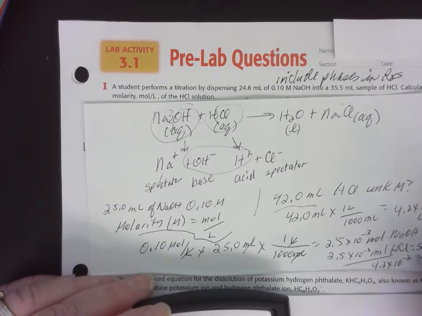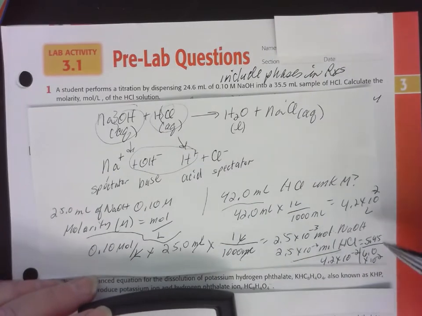So with sig figs that would be 6.0 times 10 to the negative 2. So that's our molarity. Whoops, sorry about that. So 6.0 times 10 to the negative 2.